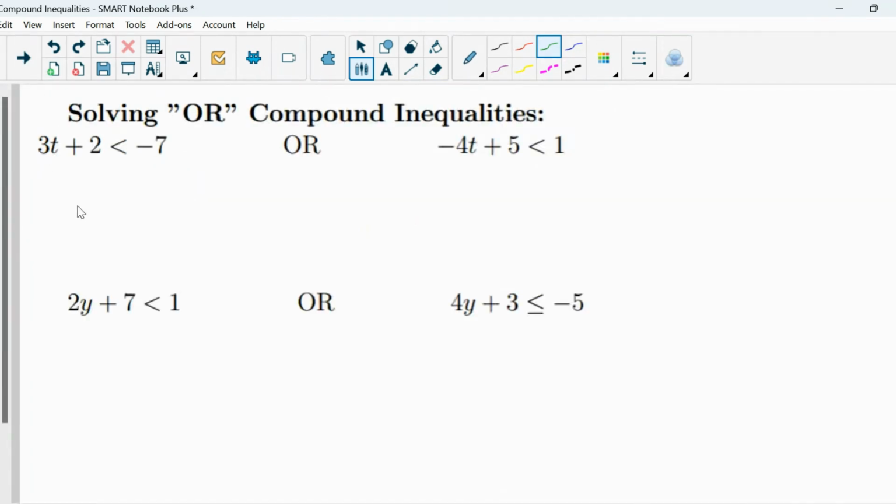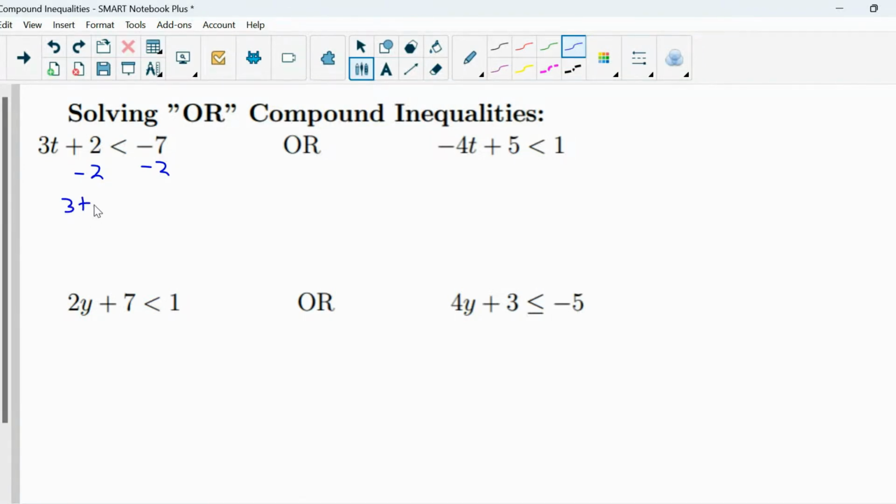Okay, finally, we also will have to solve OR inequalities. These ones are slightly easier because we don't have to do any kind of separation or anything like that. They will always be separated with OR in the written problem. So what we have to do is solve each side separately. So for this side, let's isolate our variable by subtracting 2 from both sides.